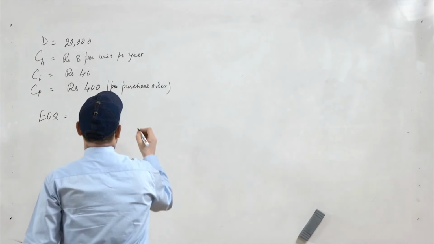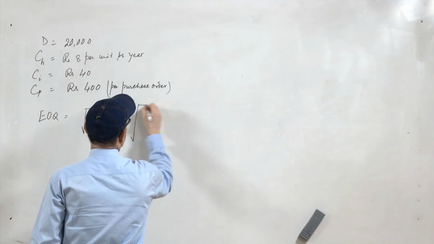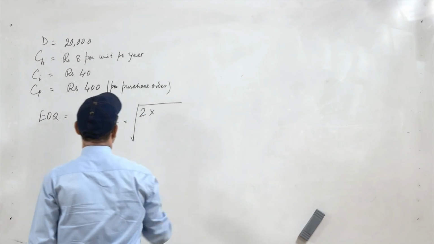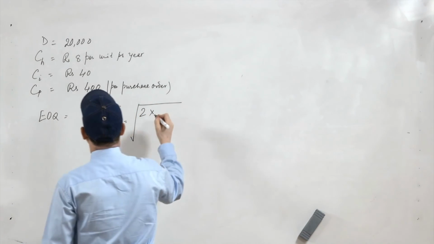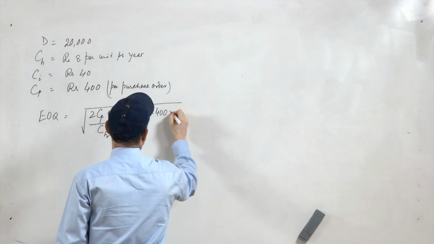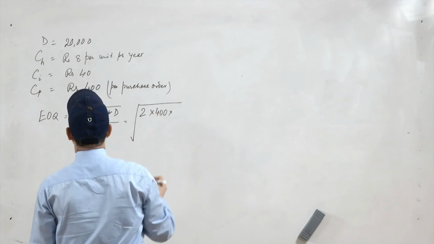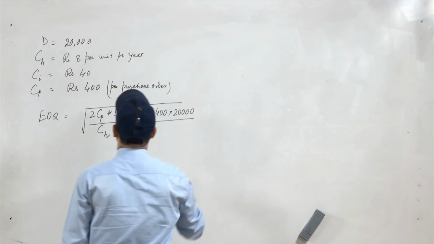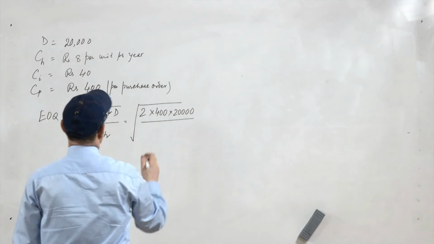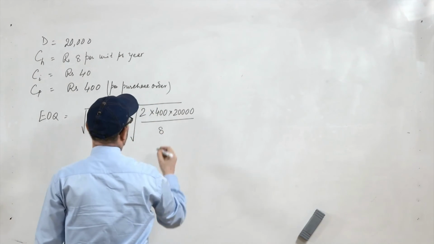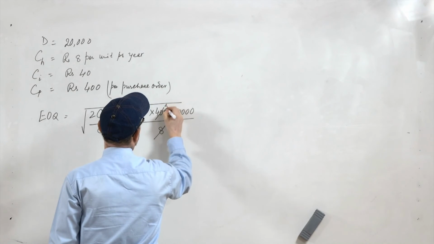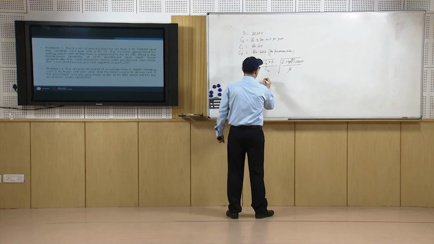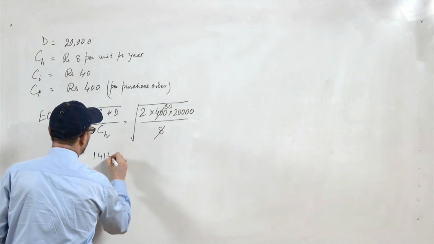So, we put this in the formula: 2 times 400 multiplied by demand, that is 20,000, divided by Ch, that is 8. So, it will be 50, and this will be equal to 1414 units.